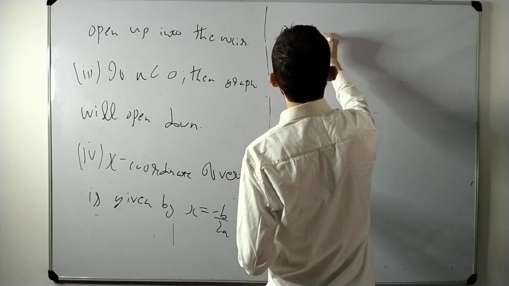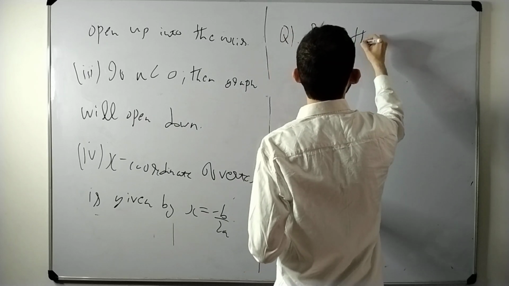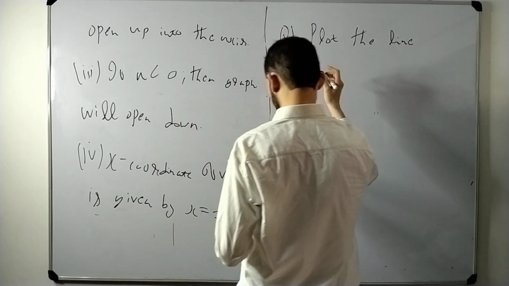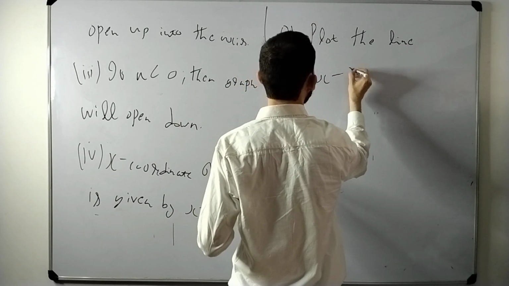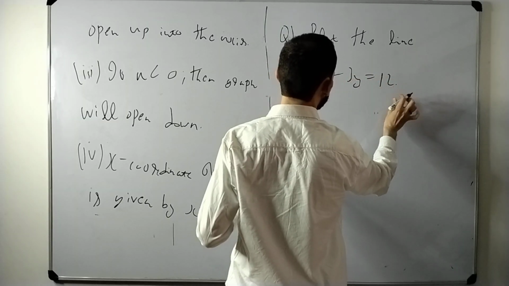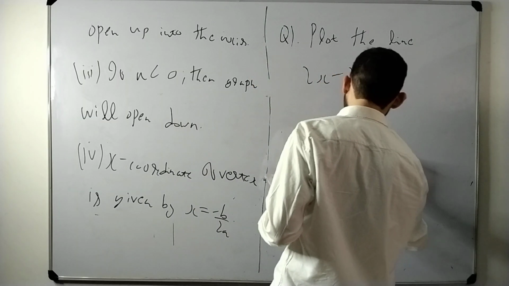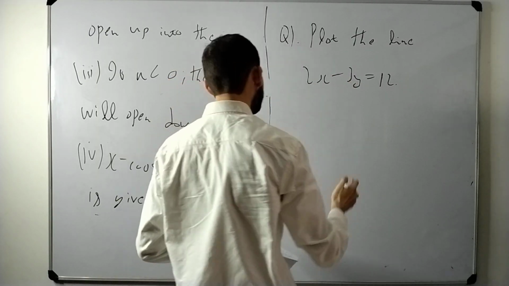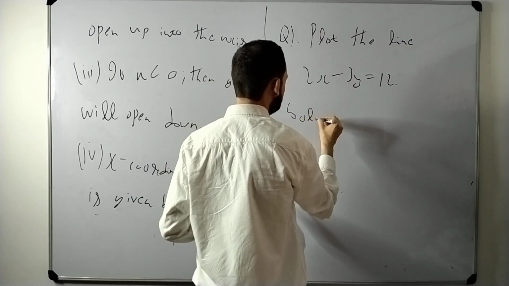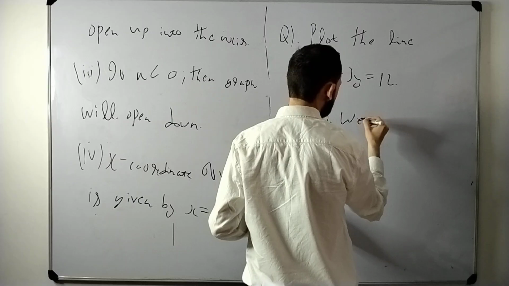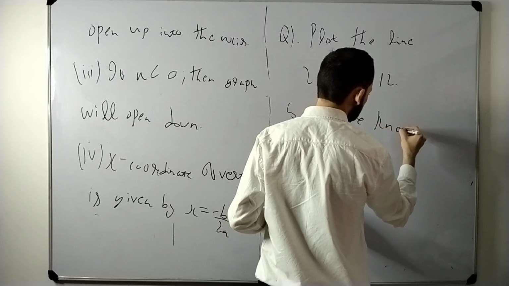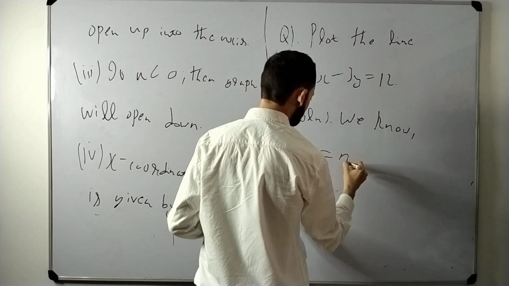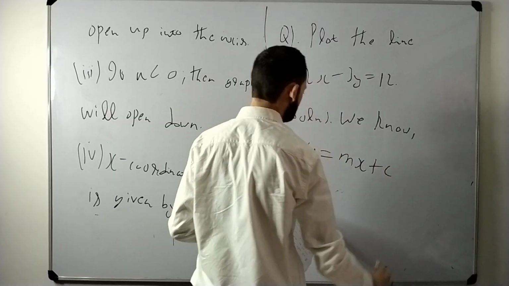Plot the line 2x minus 3y upon 12 equal to 12. Oh sir, what you are saying? Solution. So students, what equation is this? This is a straight line equation, but in a different form. Very nice, students.